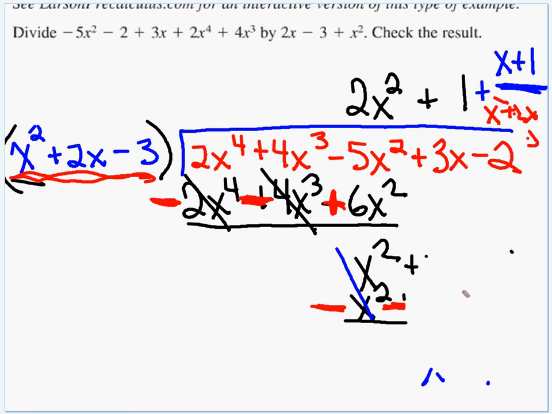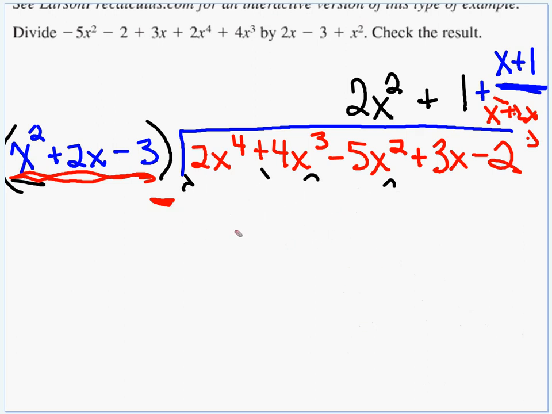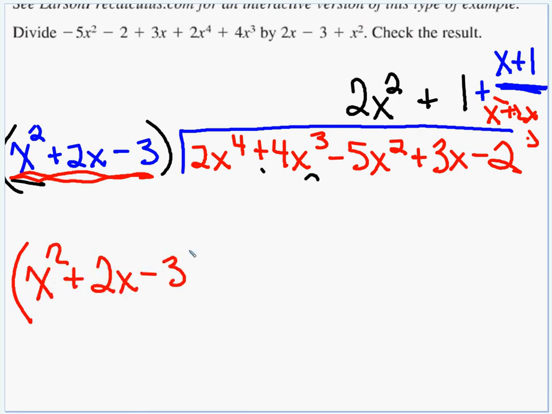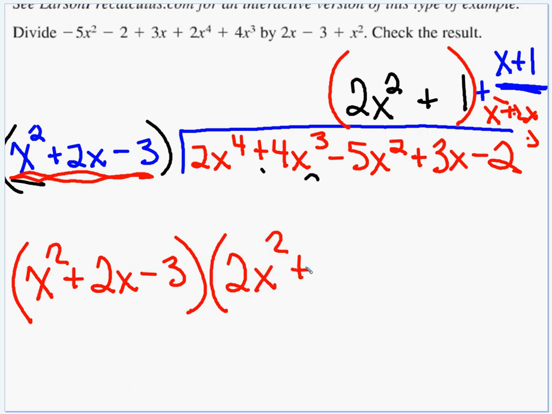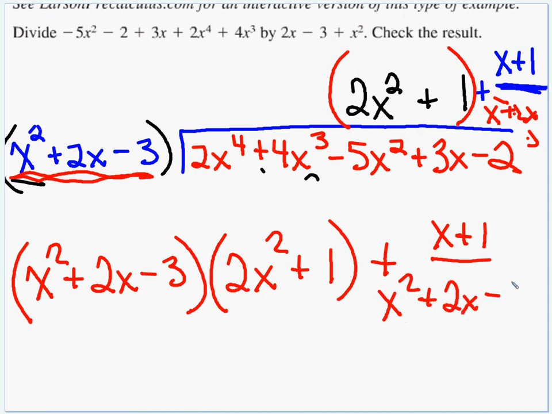Let me do this, because we are going to check our result. So we are going to have this x squared plus 2x minus 3, multiplied by what we have up here, 2x squared plus 1, plus our remainder, x plus 1, over, now I have room to write it, x squared plus 2x minus 3.